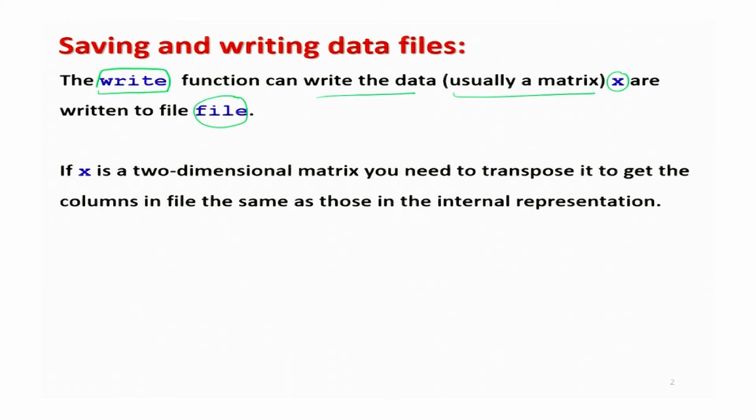And in case you want to make some changes, you have to do it accordingly. For example, if X is a two-dimensional matrix, and if you need to transpose it so that columns in the file are matching with the columns in the outcome, then you need to transpose it, right.